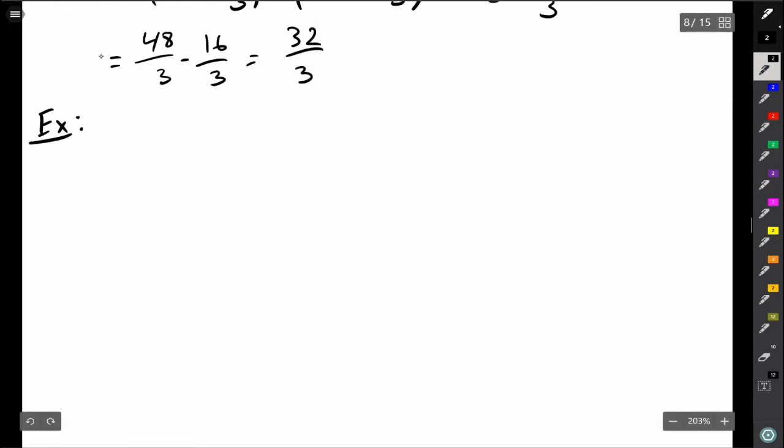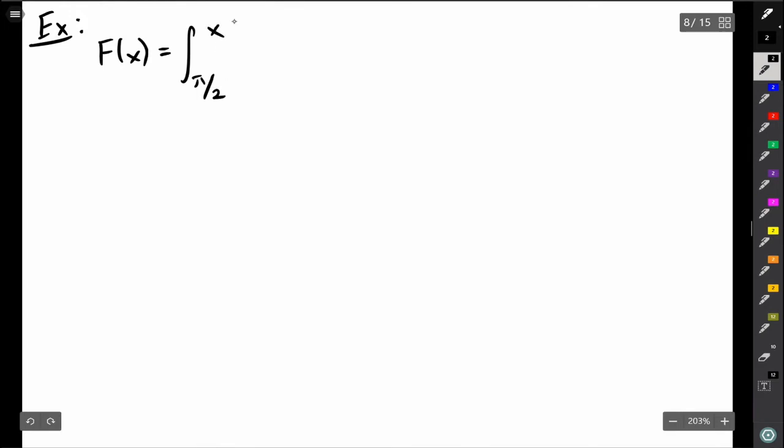So here we want to do something like, let's compute the example, compute the derivative of, let's pick a good one here. Oops. So I want to compute the derivative of this function, f of x from pi over 2 to x. Let me change this actually.